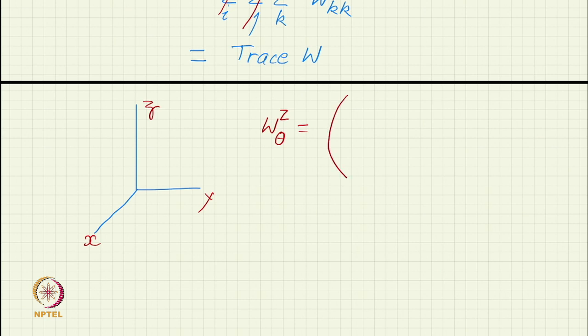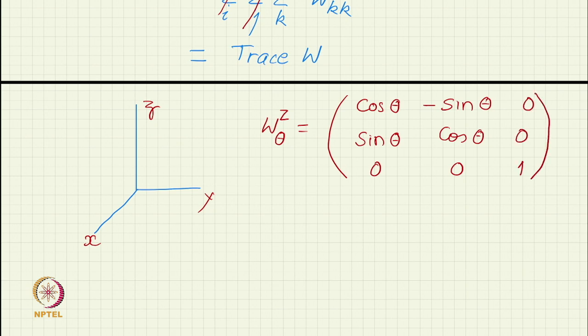Cos theta, sin theta, 0; minus sin theta, cos theta, 0; 0, 0, 1. So this is a very simple and very special rotation matrix.